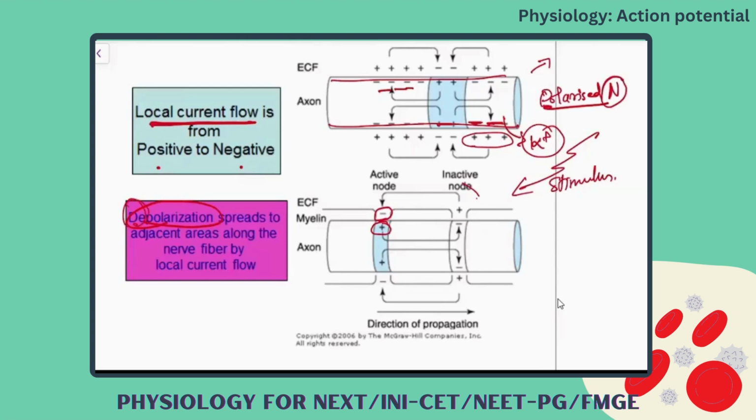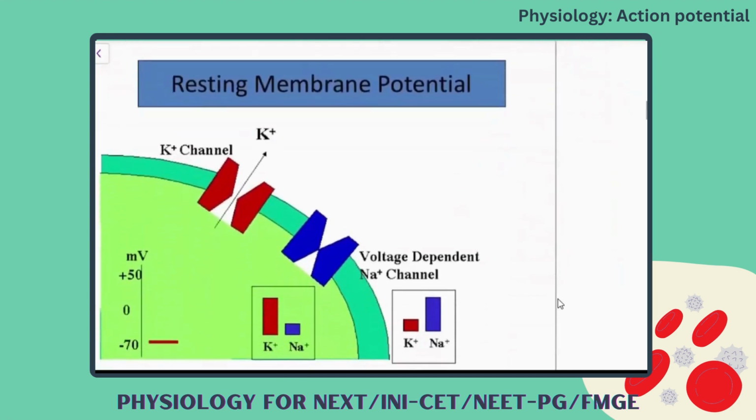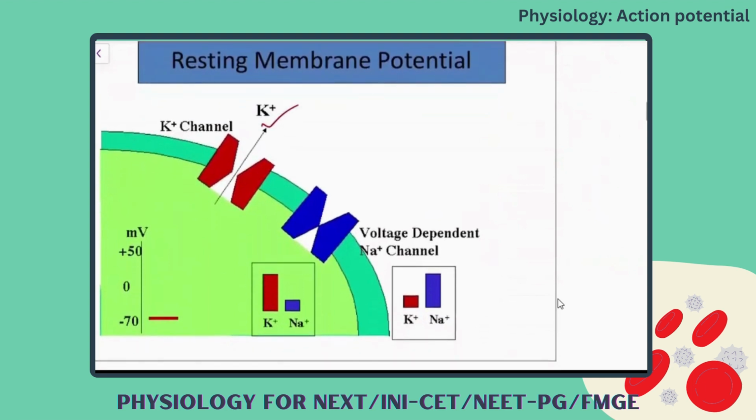And this depolarization is required for the action potential to reach the peak. Okay, so that is called the peak potential. Once the action potential undergoes the depolarization process, that is the time when signal transmission takes place. Okay, clear? Now the resting membrane potential, we have seen, is through the leakage of potassium ion from inside to the outside.